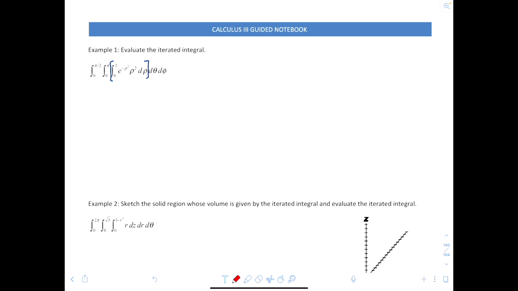We need to have a negative 3 in here in order to integrate. So on the outside of our integral, we'll adapt by a negative 1/3. Okay? And then that will equal negative 1/3, the integral from 0 to pi halves, the integral from 0 to pi, and then when we integrate this one, we'll end up with beautiful e to the negative rho cubed.